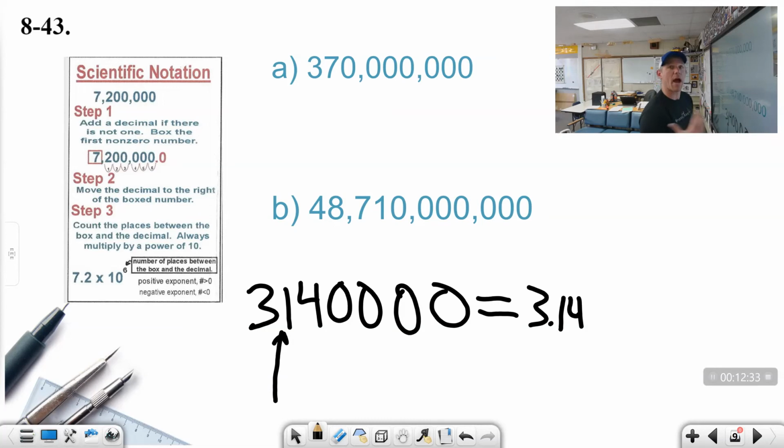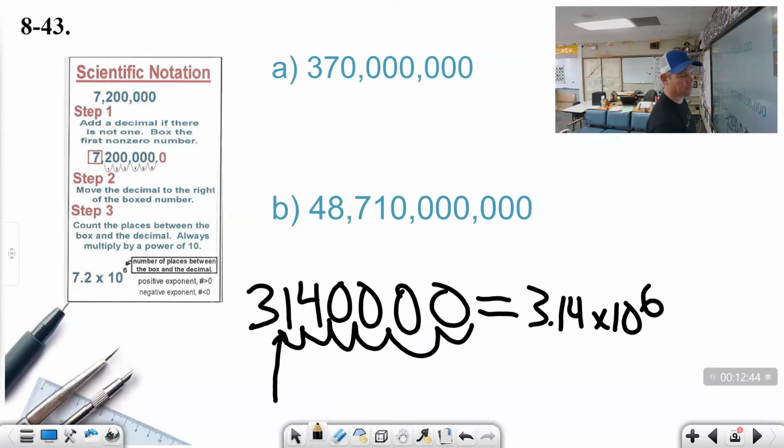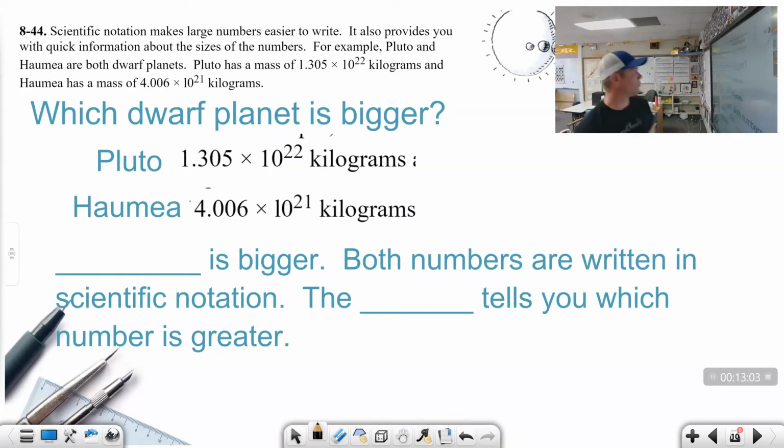And then I think, okay, I have one number in front of my decimal, times 10 to what power? And I count. 1, 2, 3, 4, 5, 6. That is turning a number into scientific notation. I want you to write letter A and turn it into scientific notation. I want you to write problem letter B and turn it into scientific notation. Pause the video to do those problems. All right, let's move on.